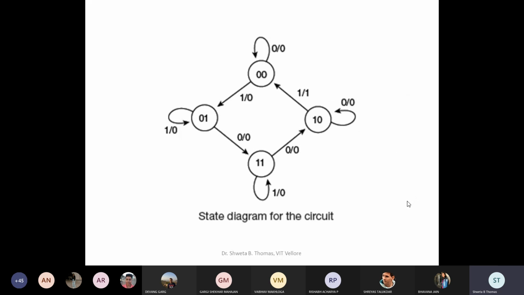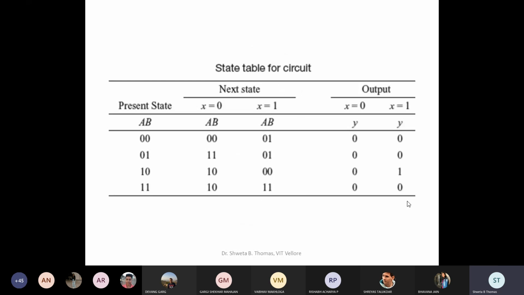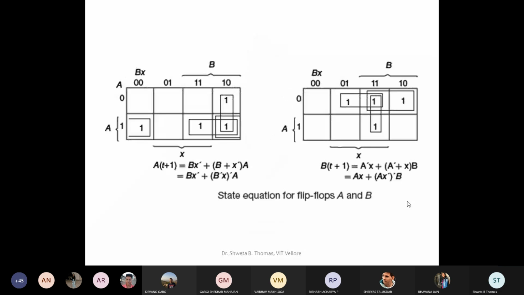I have two reasons for keeping this question. One, this is related to your RS flip-flop, and one more reason, the next state equation I told you, you can simplify it with the help of the state equation. You can get the state equation A(t+1). That also I told you.